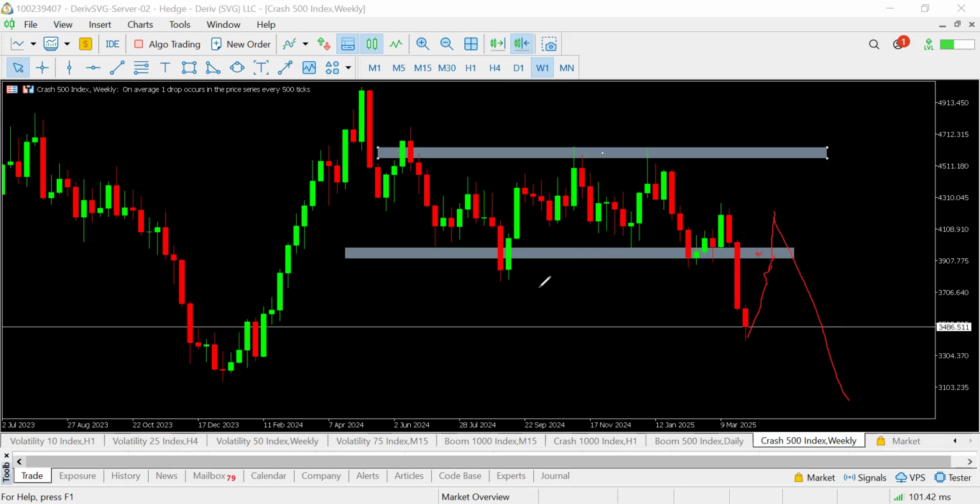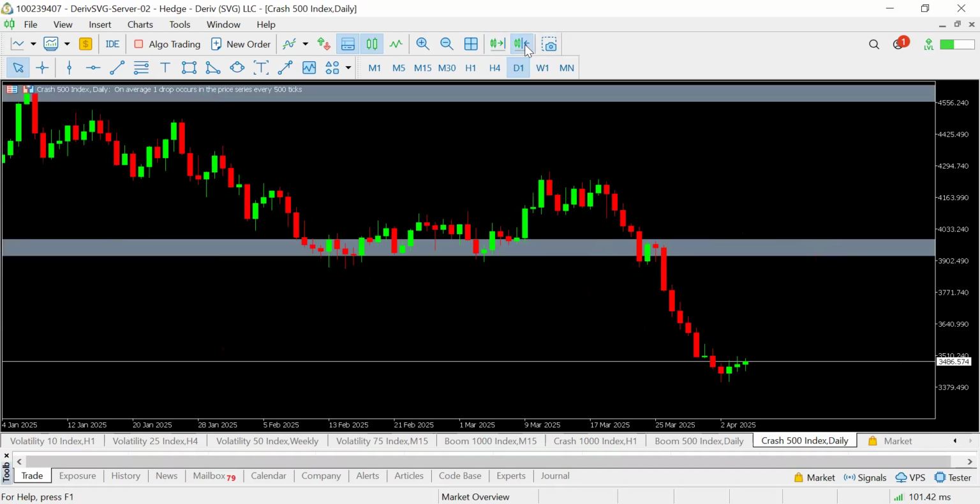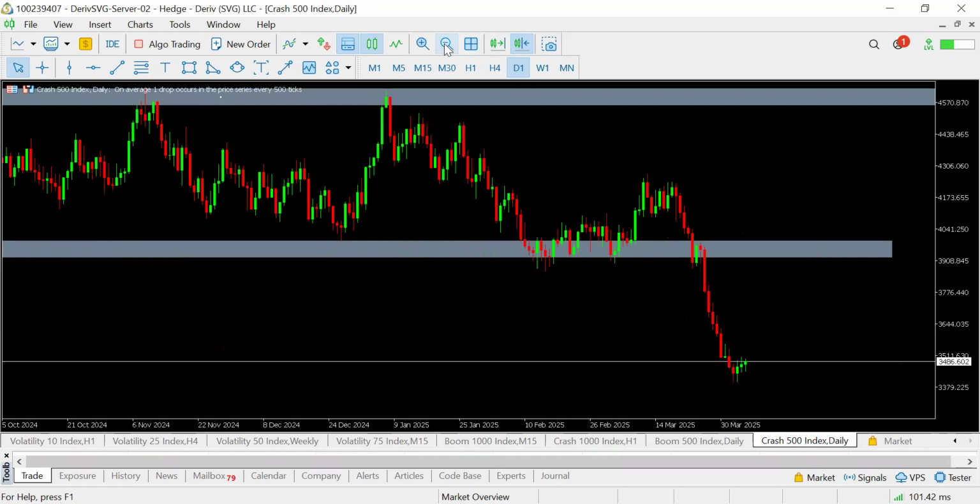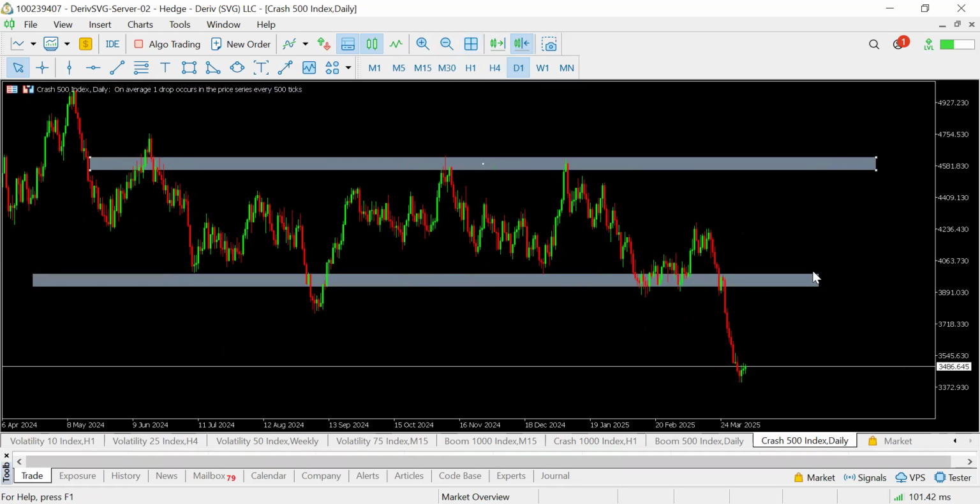So having seen the structure we're working with, let's see if we see it clearer in the daily time frame. We can see here that there really isn't much to work with.